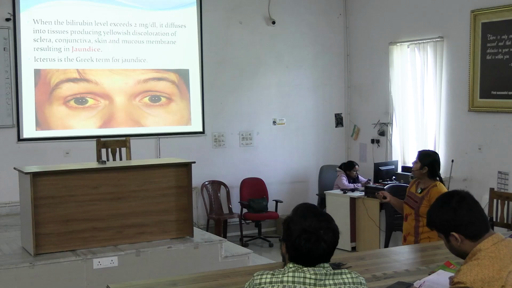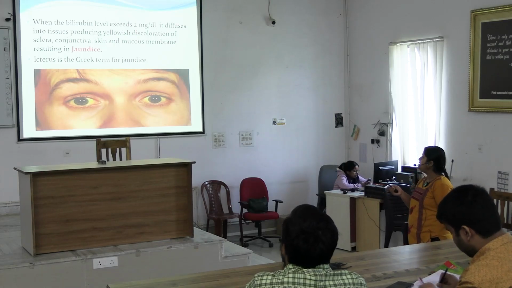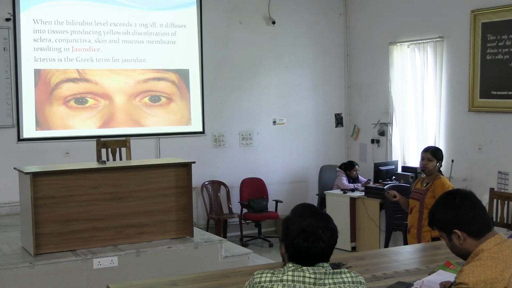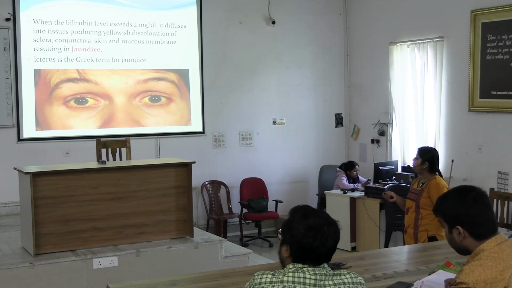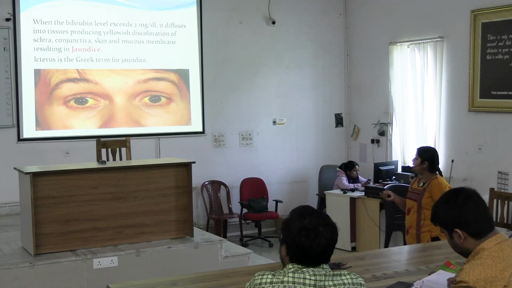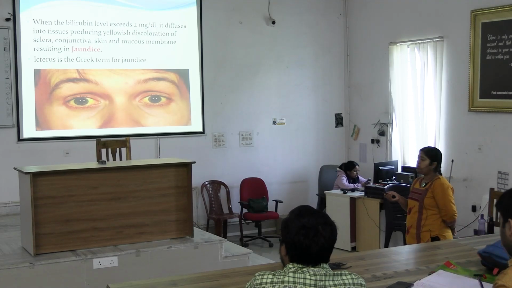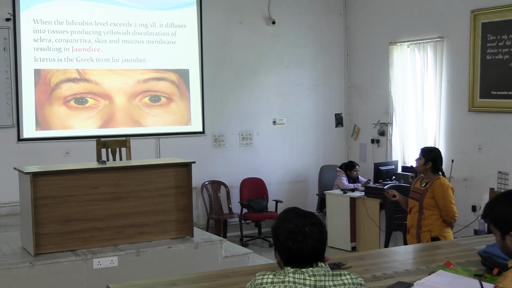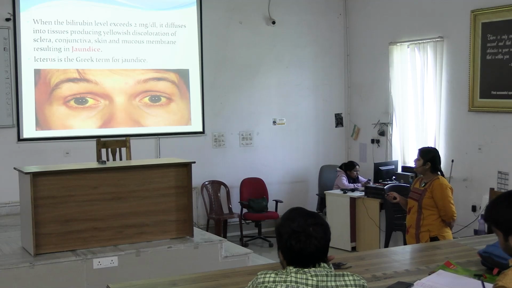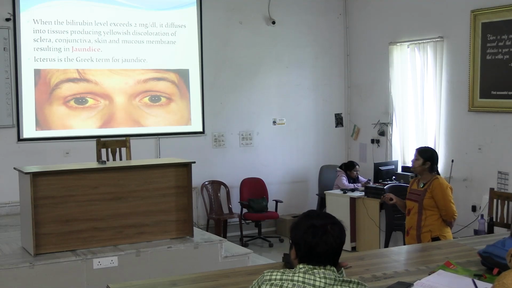When bilirubin level exceeds 2 milligram per deciliter, it diffuses into tissues, producing yellowish discoloration of sclera, conjunctiva, skin and mucous membrane, resulting in jaundice. How does it look? Like this: conjunctiva, sclera, all yellowish, skin yellowish. Jaundice is also known as icterus. It is a Greek term for jaundice.